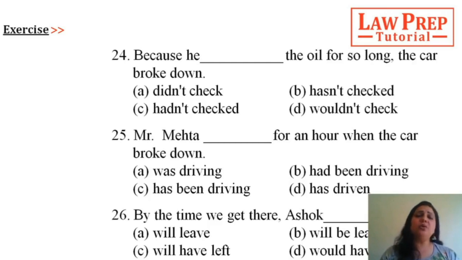I told you the rule, by plus time, which tense you would use? Future perfect. Which future perfect? This is simple future, this is future continuous, this is past tense, modal plus have plus V3, which indicates action is complete. So correct answer will be will have left. By the time we get there, Ashok will have left. Right? We move on to our next question.